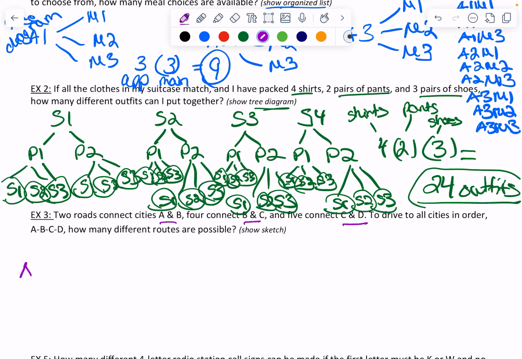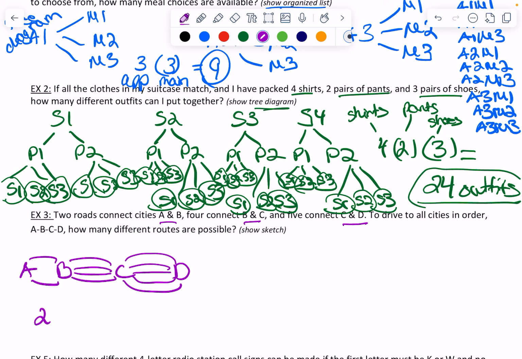Between A and B there are 2 different routes, B and C there are 4, and C and D there are 5. So from A to B we have 2, from B to C we have 4, and from C to D we have 5. Now, multiplying these numbers, we get 40 different routes.